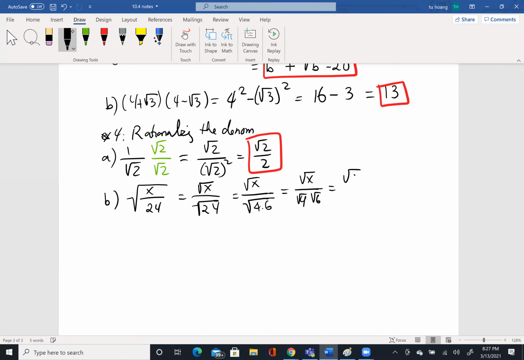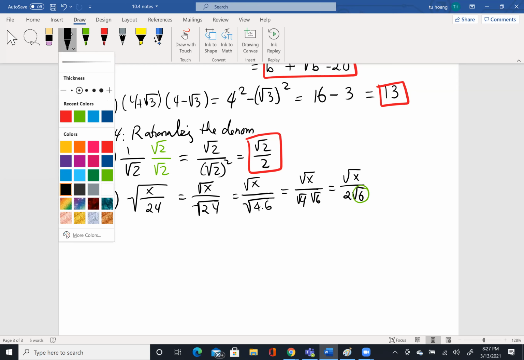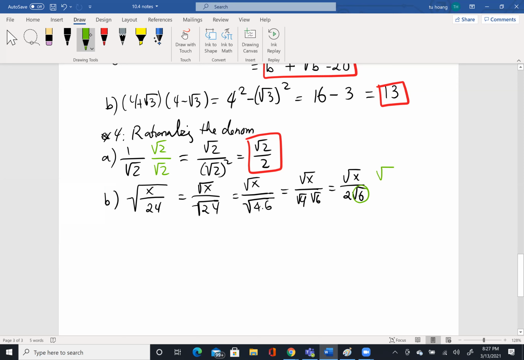That gives you square root of x divided by 2 square root of 6. Okay, but now you need to make sure there is no square root at the bottom. In this one, you have square root of 6 at the bottom. So you need to multiply by the square root of 6 for the top and the square root of 6 for the bottom.